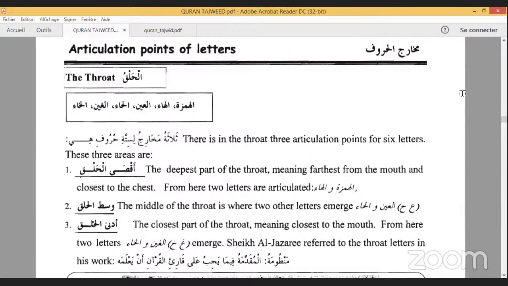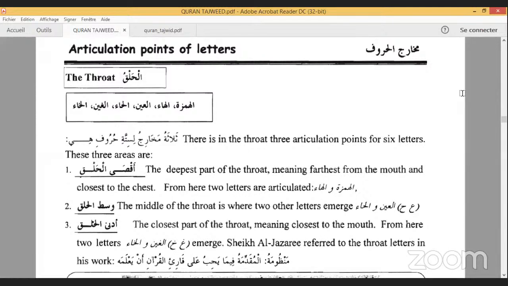So the middle of the throat is where two letters emerge, which are al-ain and al-ha. If you say ah, you find that the ain and the ha come from the middle of the throat.